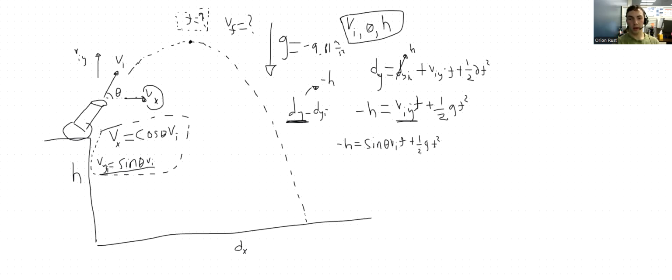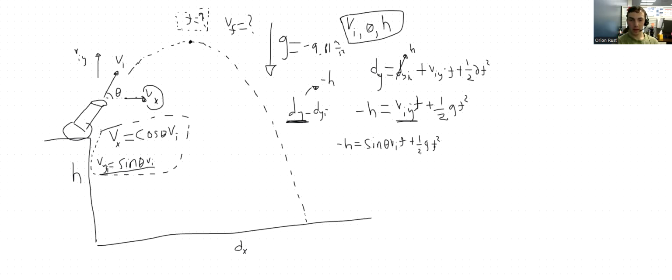Now, in this instance, we are trying to solve for t. So we can do some algebra and some equation manipulation in order to solve for t.